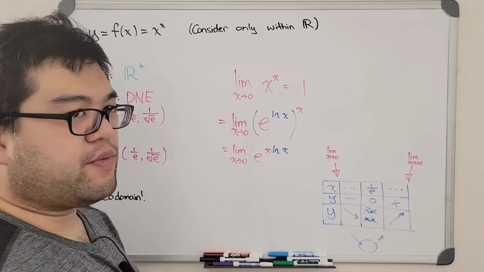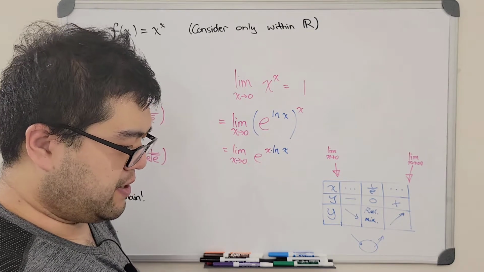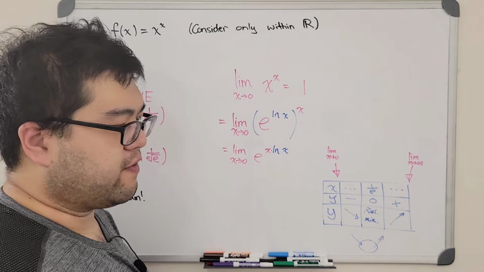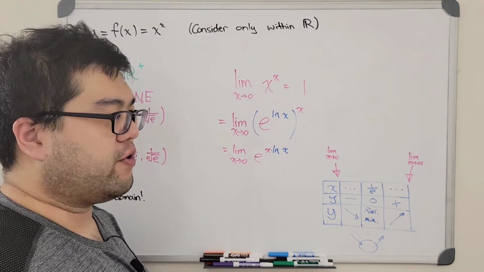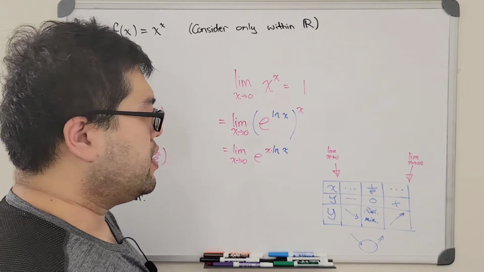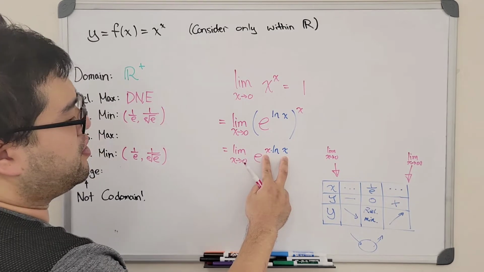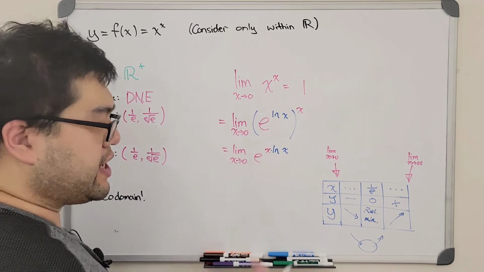And again, you may wonder why this has to be the case, but it is not easy to explain until we have learned L'Hopital's rule or use graphical examples to show why it is true. So just follow this idea, and we should be able to get the results right now.